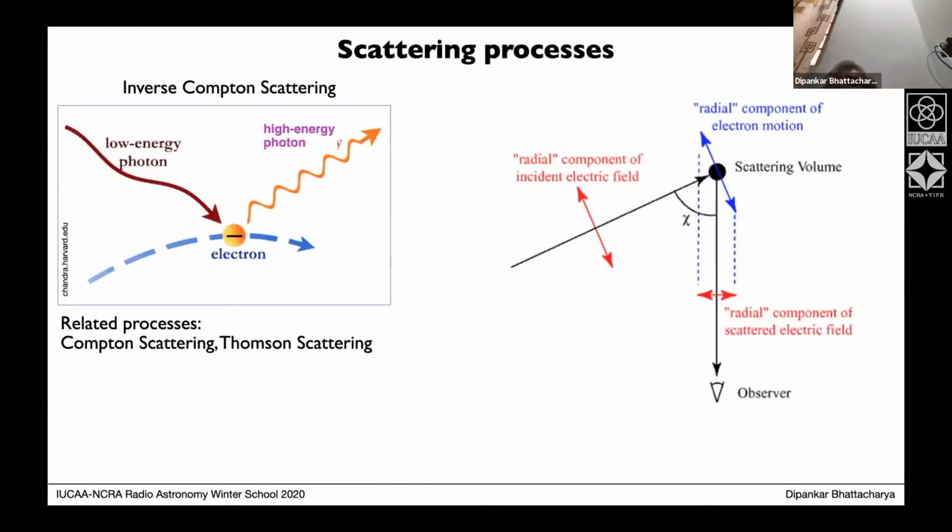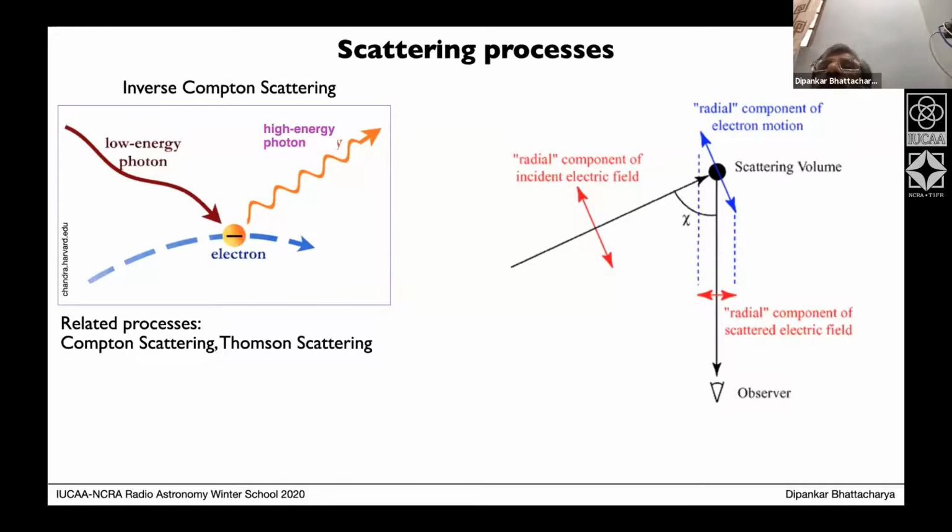So the next continuum emission process I would like to mention is scattering. Now, you have a photon and an electron interacting, and after the interaction, you again get a photon and an electron, but there could be an energy exchange between the two.